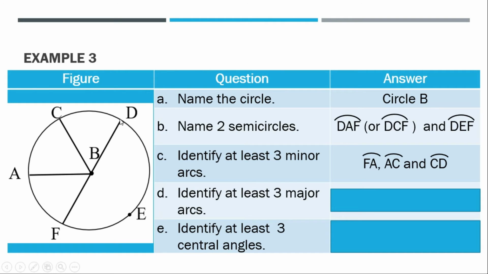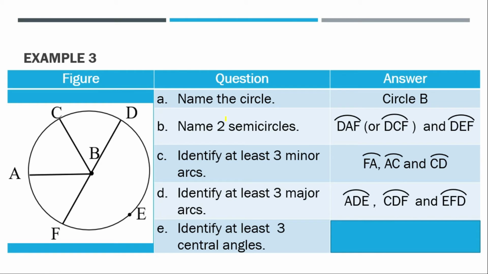So, we have here arc D, E, A. Ayan, lagpasan natin yung F kasi nga more than semicircle tayo. Tingnan natin. So, yung una nating major arc dito ay arc ADE. So, lagyan natin ng highlighter para mas makita nyo. Ayan. Nag-start sa A. Pupunta sa D. At yung endpoint na isa ay nasa E. Ayan.